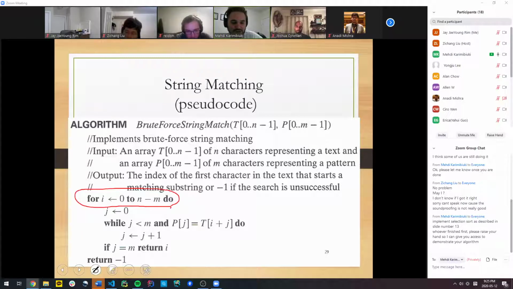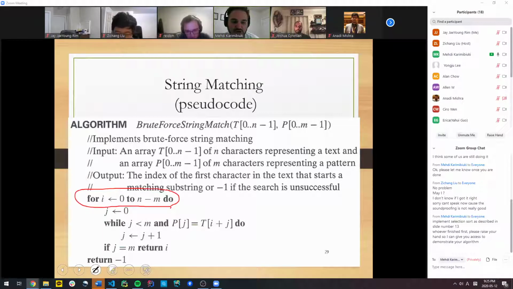And I have to initialize j to be 0. I think that's for the part that I'm walking through the list. And I'm saying while j is less than m, I think that j is used for matching. And pj, the element in the pattern matching, is equal to t i plus j.